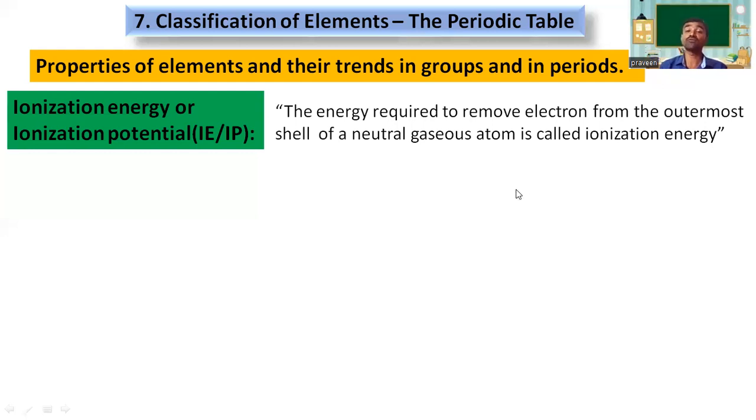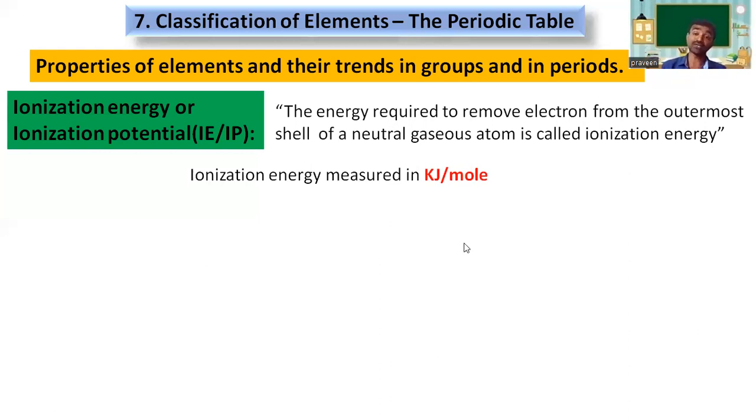That's why you require energy to remove the electron from the outermost shell of a neutral gaseous atom. That is called ionization energy. This ionization energy is measured in kilojoule per mole.